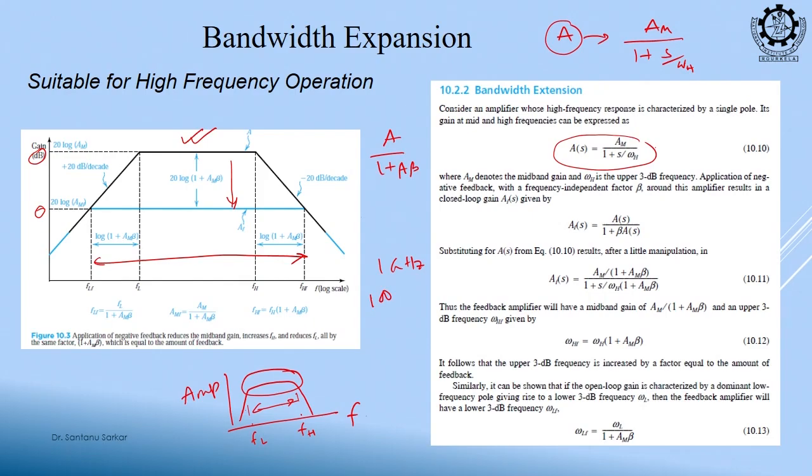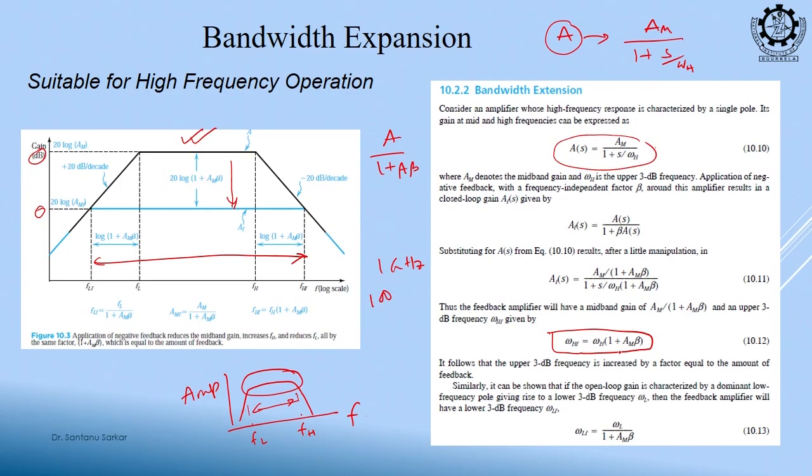We will replace that and then do the multiplication. Then we will see that the modified omega h is multiplied with 1 plus A beta. You do that, reorganize the structure, and your equation will be modified like this. So what is the meaning?